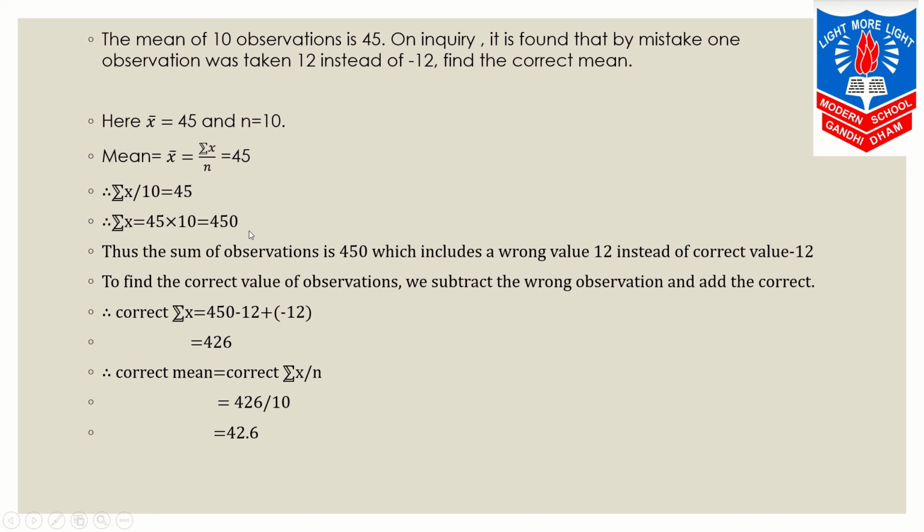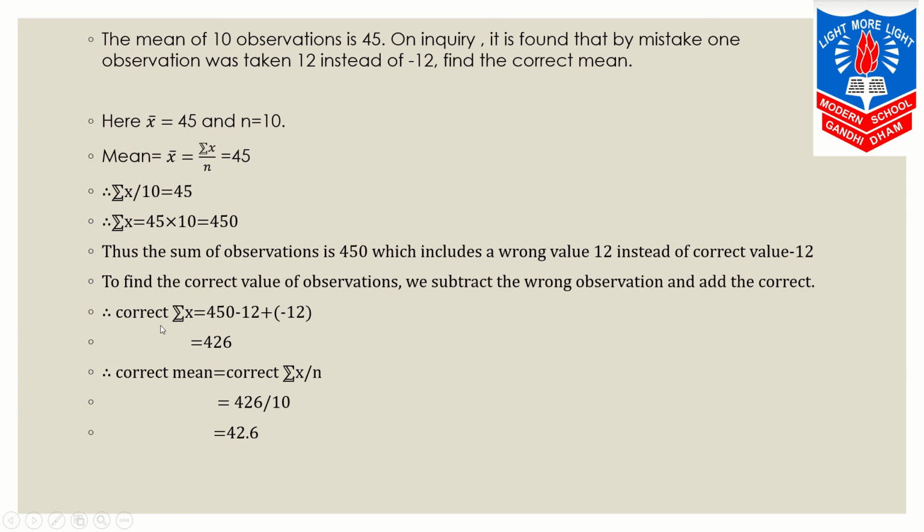I will get 450. Thus, the sum of observations is 450, which includes a wrong value 12 instead of correct value minus 12. So, obviously, in order to find out the correct value of observations, we will subtract the wrong observation and add the correct one.